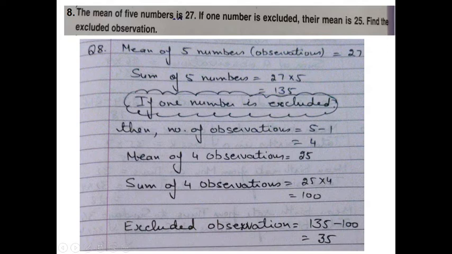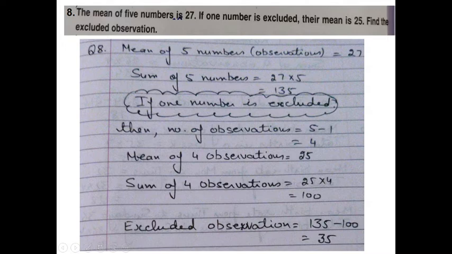Now the question is, find the excluded observation. The sum of 5 numbers is 135 and the sum of 4 numbers is 100.